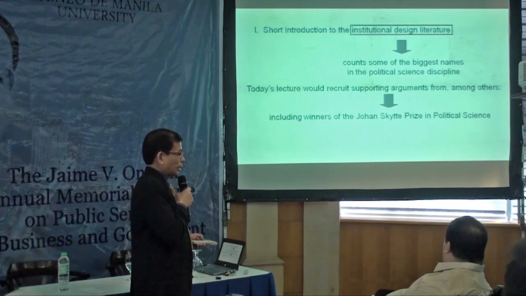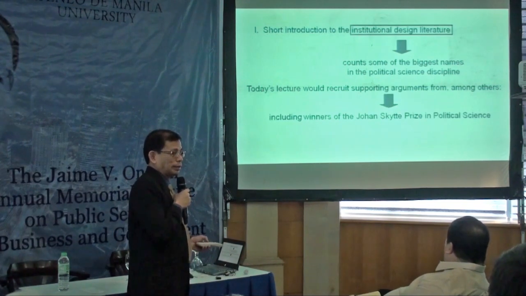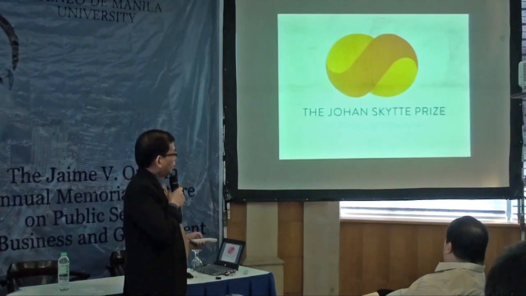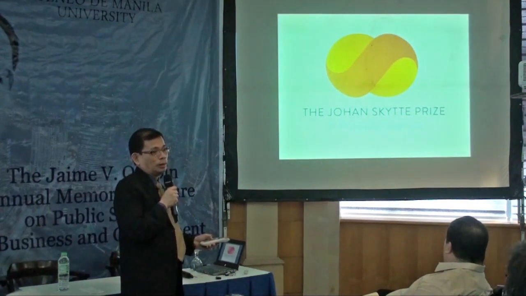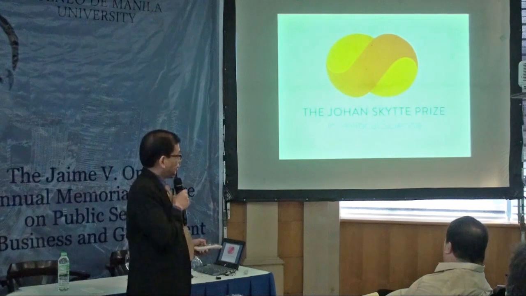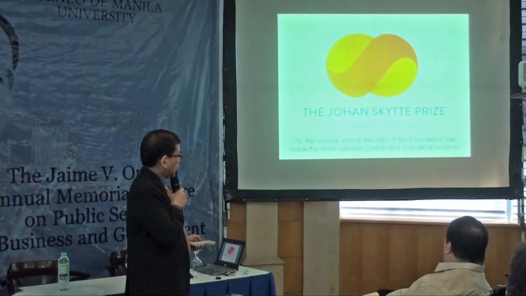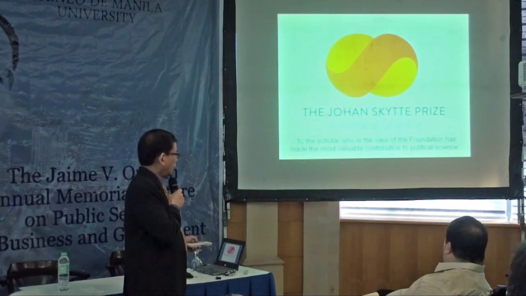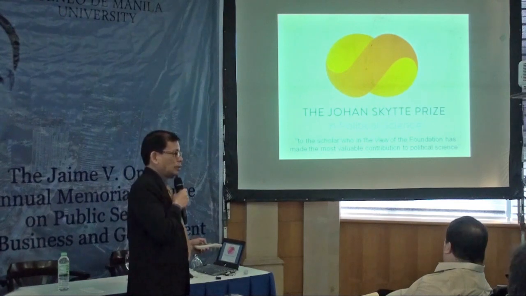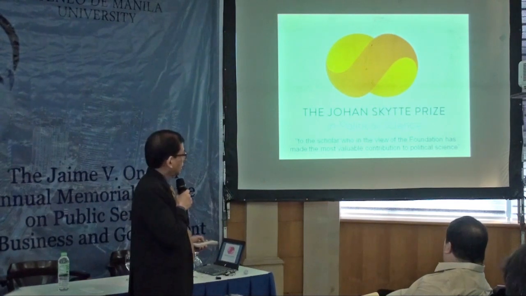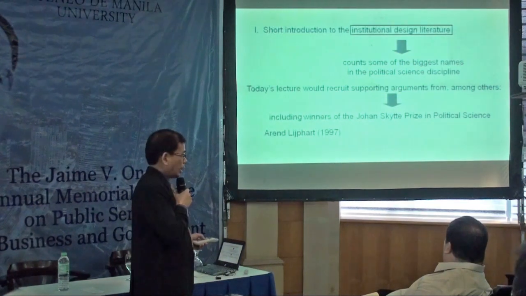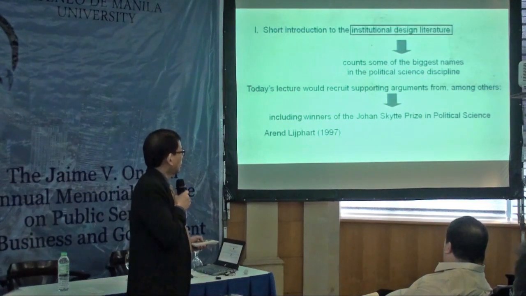We're also going to discuss winners of the Johan Skytte Prize in Political Science. Think of it as our Nobel Prize in Political Science. And this prize is given to the scholar who, in the view of the foundation, has made the most valuable contribution to political science. So, Arend Lijphart would be discussed.